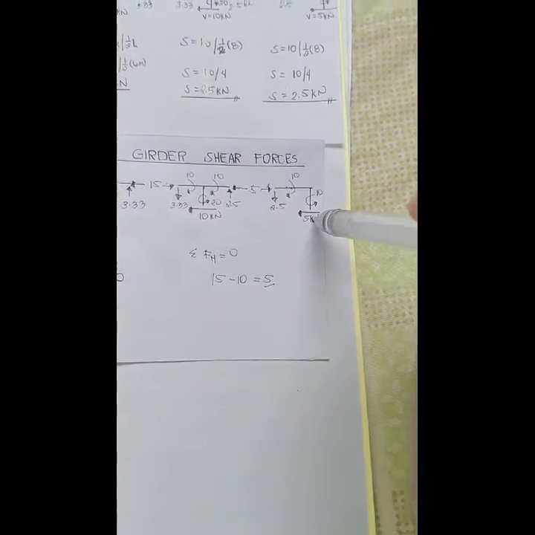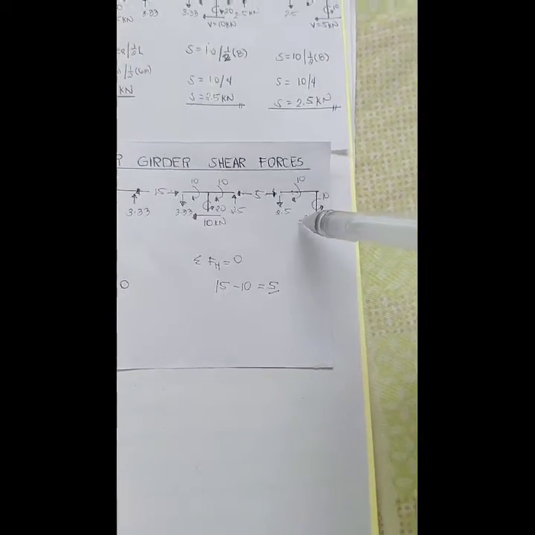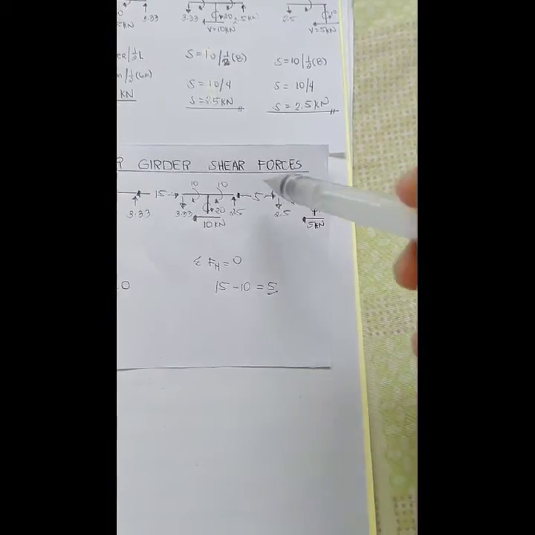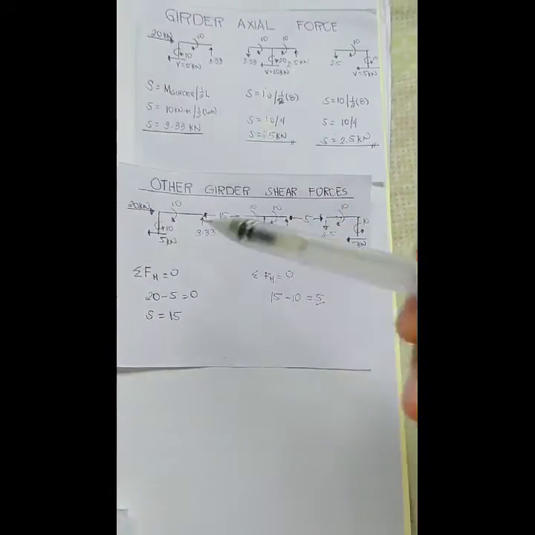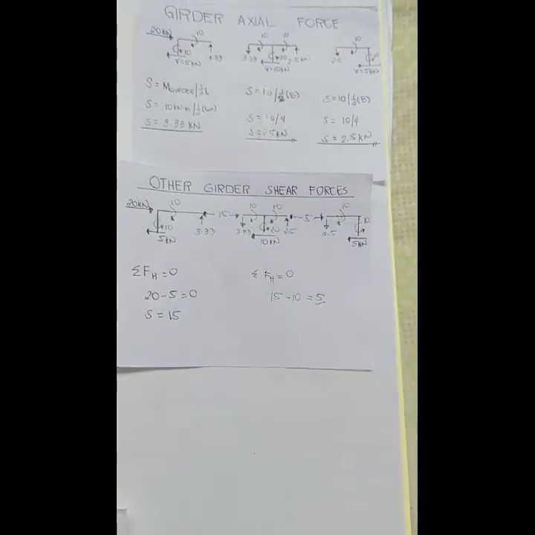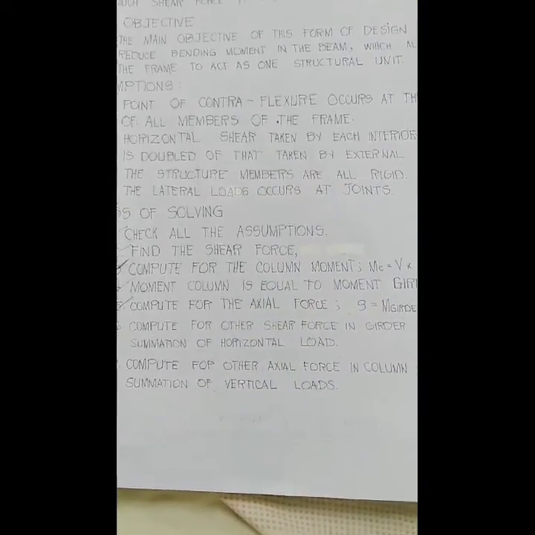So, papunta siya dito sa right, which is, nagtama naman siya dito sa shear forces natin na 5 kilonewton. So, 5 minus 5 equals 0. So, equilibrium yung ating structure dito.